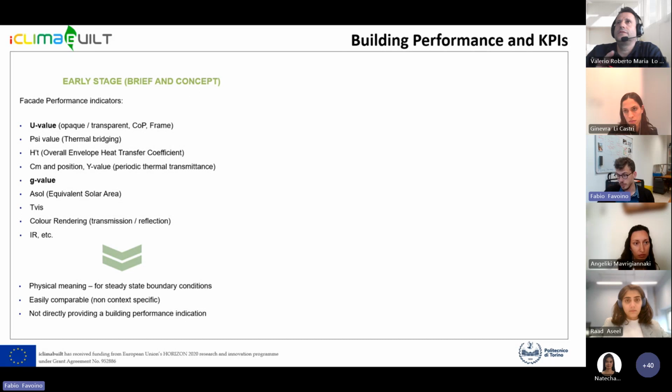When we look at the building envelope, though, in the early stage design, we always use thermal and solar properties as indicators of the performance of the facade, so to compare like for like different solutions. These are, for example, thermal properties like U value or overall heat transfer of the building, the g value, in Italy the solar equivalent area, other optical properties of the transparent part of the building envelope, and so on. There are many to mention.